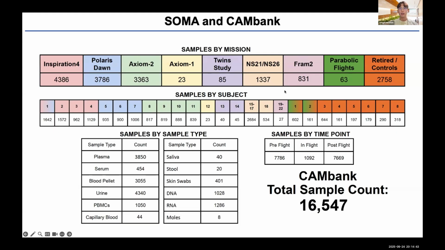Our idea is to collect samples pre-flight, in-flight, and post-flight, longitudinally, to analyze the effect of spaceflight on humans and whether they recover over time. We collect blood, urine, immune cells, saliva, stool, and skin swabs.